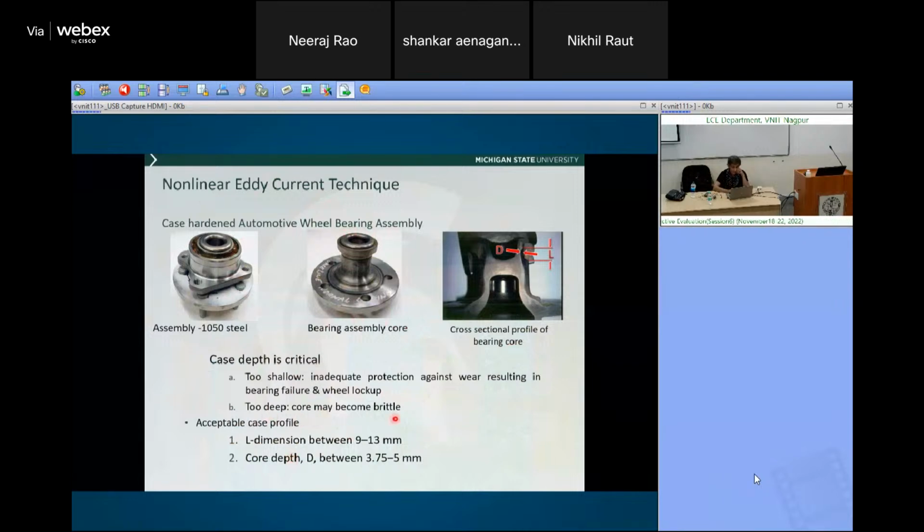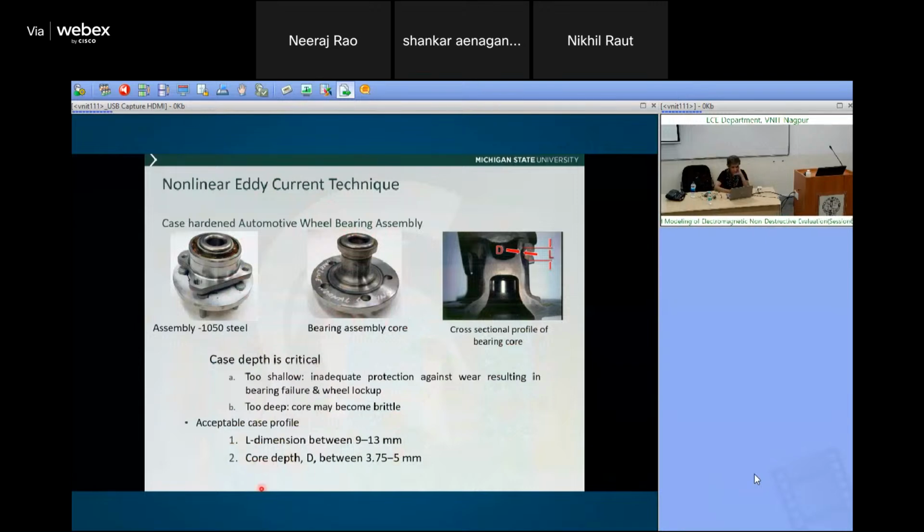So what they wanted was a probe that will determine the case hardening depth. So what is case hardening? It's a metallurgical procedure that I don't know anything about, but I only know that the permeability of the case hardened part is different from the host material.